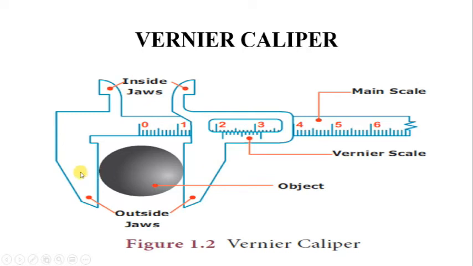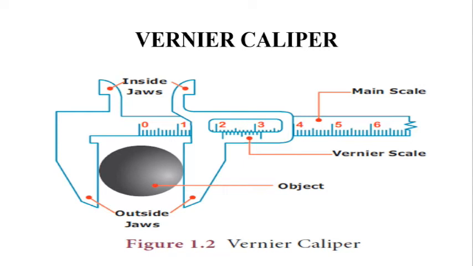Next, it has two jaws, the lower jaw and the upper jaw. The lower two jaws are called outside jaws and the upper two jaws are called inside jaws, because the lower jaws help us to measure the outer area of an object, whereas the inner jaws help us to measure the inner area of an object. So consider a teacup or a pen cap.